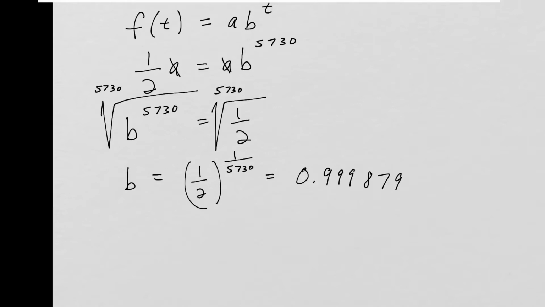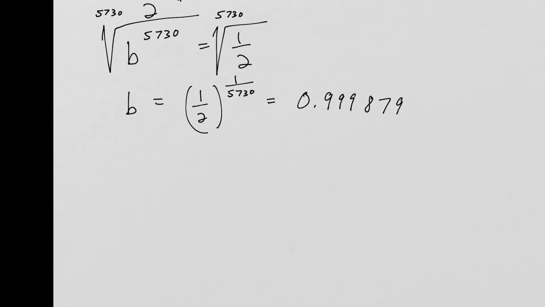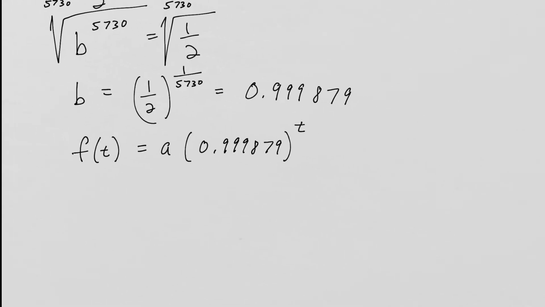So now that we have b, I'm going to plug back into my general equation. So I have f of t is equal to a times 0.999879 to the time t. And I want to find the time. Let me write this out here.